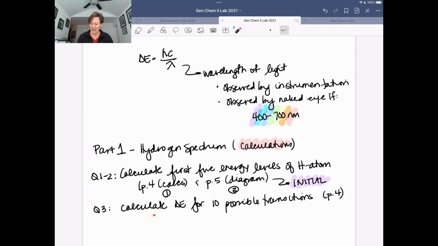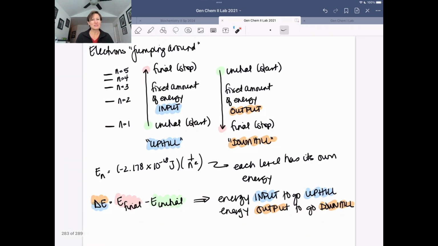Third question now is calculating delta E for the 10 possible transitions. Okay, page 4 again has a spot to do those calculations. I'd encourage you to think about doing a systematic way for determining this. For example, 5 to 4, 5 to 3, 5 to 2, 5 to 1. Okay, and then 4 to 3, 4 to 2, 4 to 1, 3 to 2, 3 to 1, 2 to 1, and so forth.